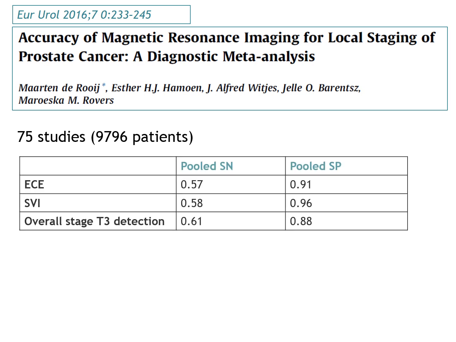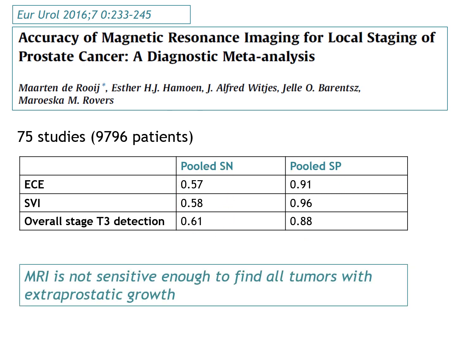These are pooled sensitivity and specificity in detecting extracapsular extension and seminal vesicle invasion, and overall stage T3 detection, showing quite high specificity but low sensitivity values, and their conclusion was MRI is not sensitive enough to find all tumors with extraprostatic growth.